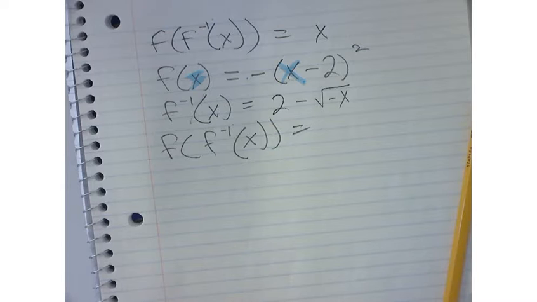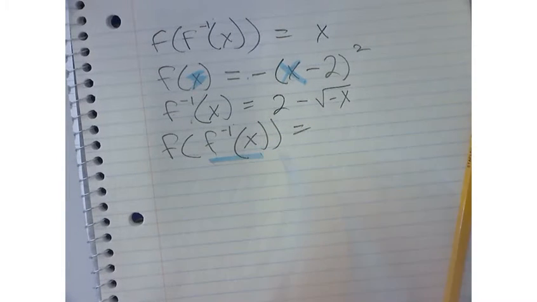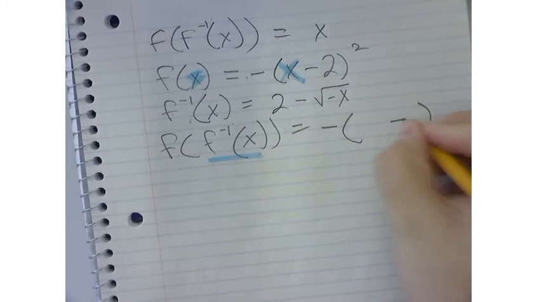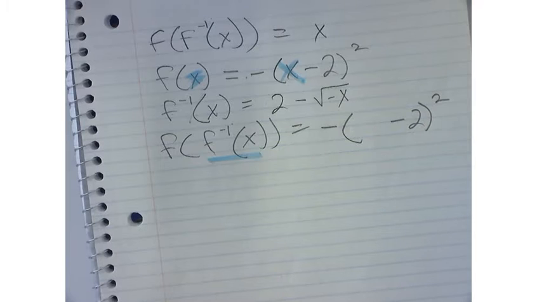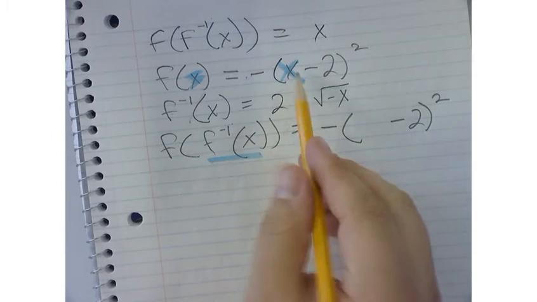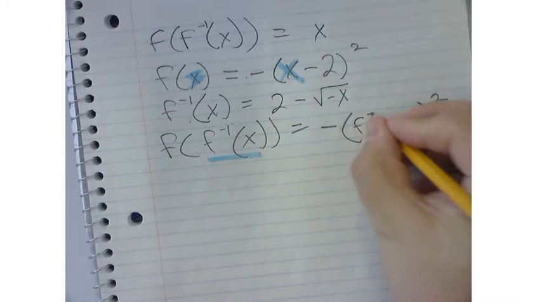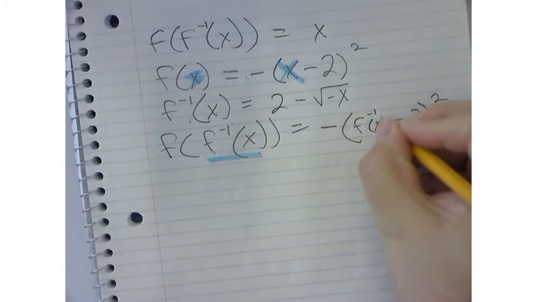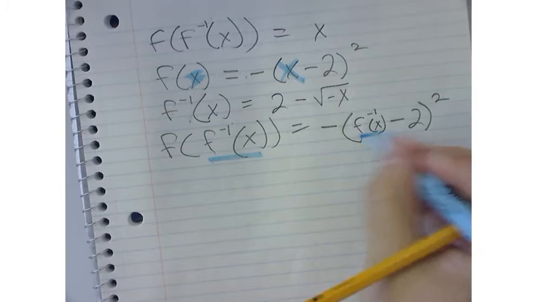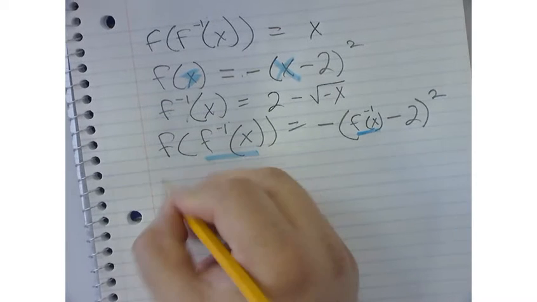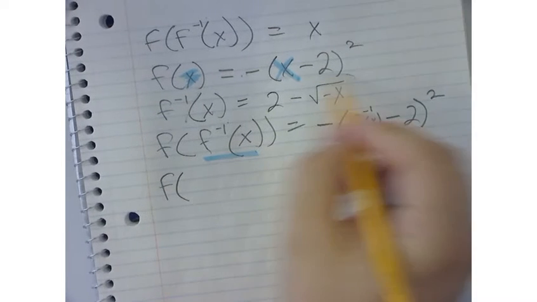Now if I'm going to take f of f inverse, the function is written the same, but wherever there was an x, what do I plug in now? F inverse. I'm just going to pause for a second and let you guys soak that in. Do you see what Mr. Adams did? So now I really am evaluating f of all this stuff here.